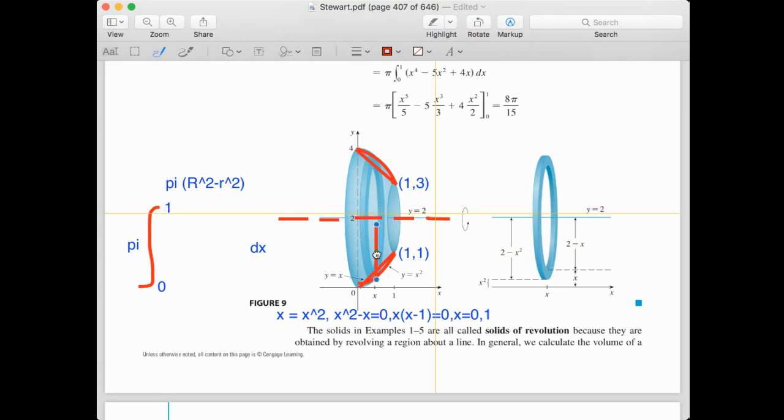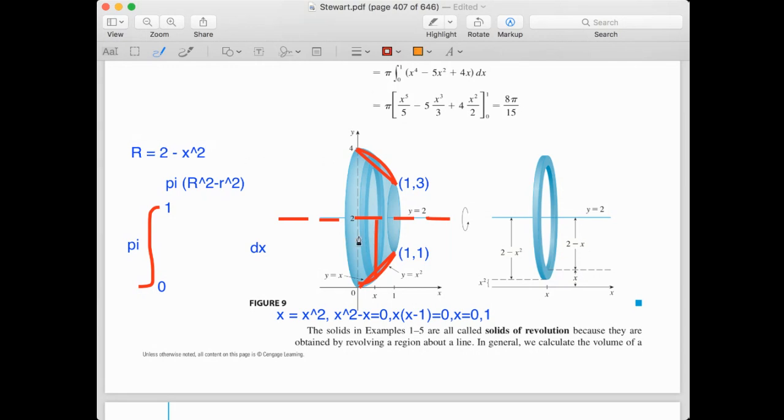We see the big R. So this is our big R. It's from this line, y equals 2, to this curve, y equals x squared. So we want to use 2 minus x squared, right? So big R, let me write here. Big R equals 2 minus x squared.